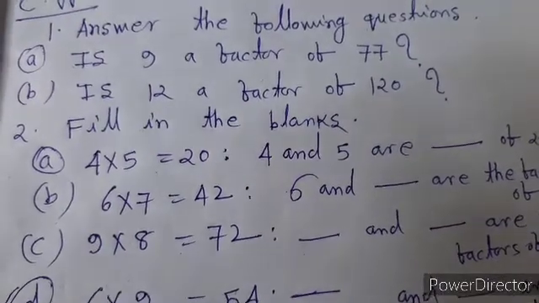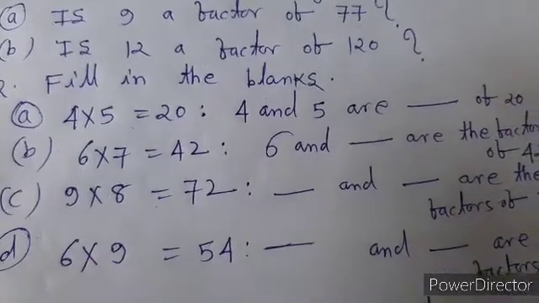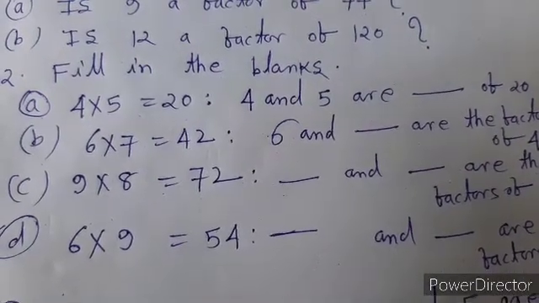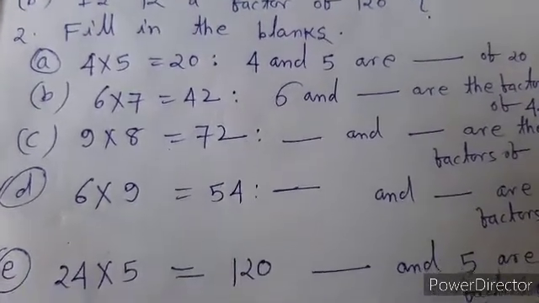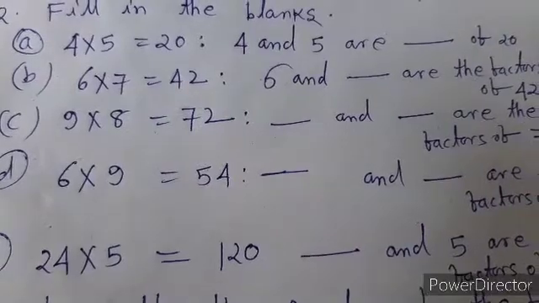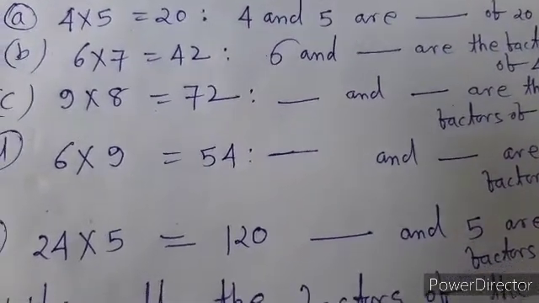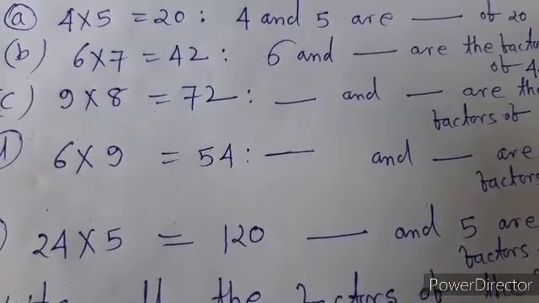A: 4 into 5 is equal to 20. 4 and 5 are dash of 20. In question B, 6 into 7 is equal to 42. 6 and dash are the factors of 42. In question C, 9 into 8 is equal to 72.